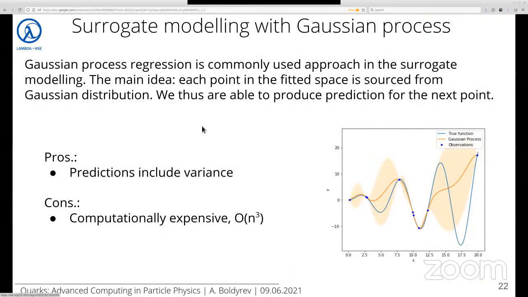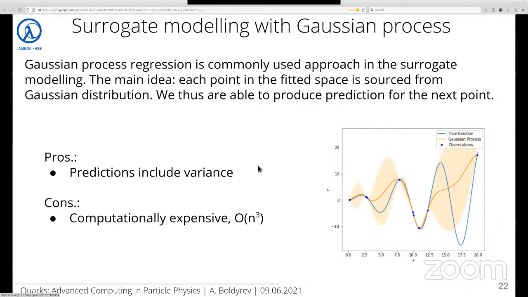One of the ideas for how to implement surrogate modeling is to sample each point in the fitted space from a Gaussian distribution. This allows us to produce a prediction for the next point. The figure on the right shows how the Gaussian process approximates the function f(x) = sin x with only 14 observations sampled randomly.